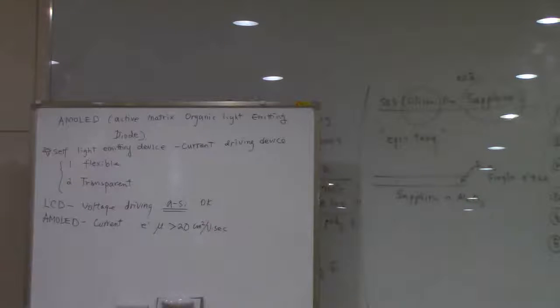Otherwise, you need a very big area for the current, because it needs a certain amount of current for the light intensity, red, green, blue, depending on the colors, with a different amount of current passing through the diode.